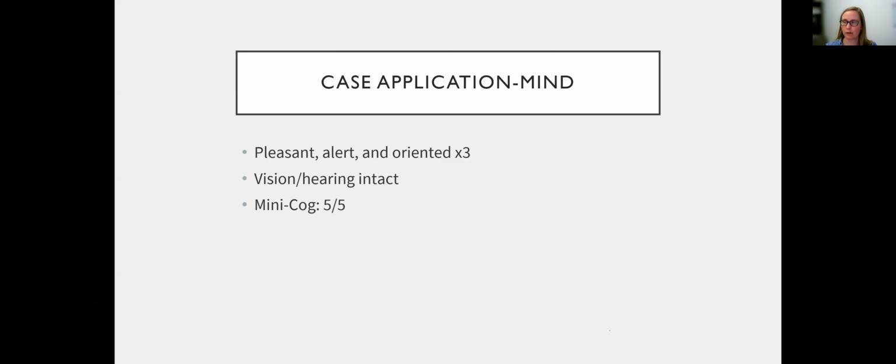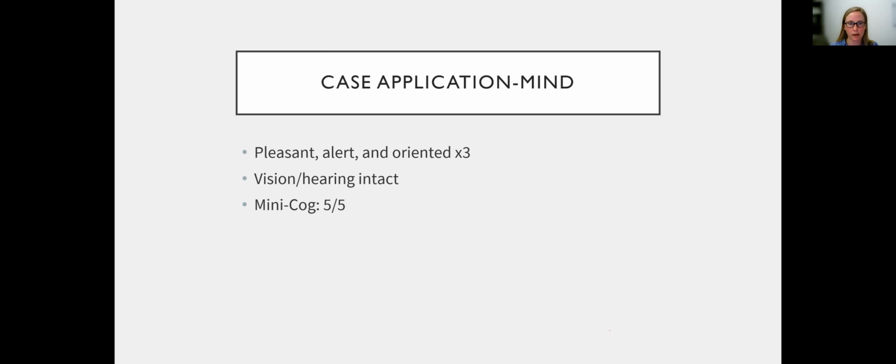If you're not familiar with it, it's giving 3 words to remember, asking if they remember them a few minutes later, so that's looking at short-term memory. And then it's taking the clock and doing the drawing of the clock. A 5 out of 5 is a good score, and he does well with that.